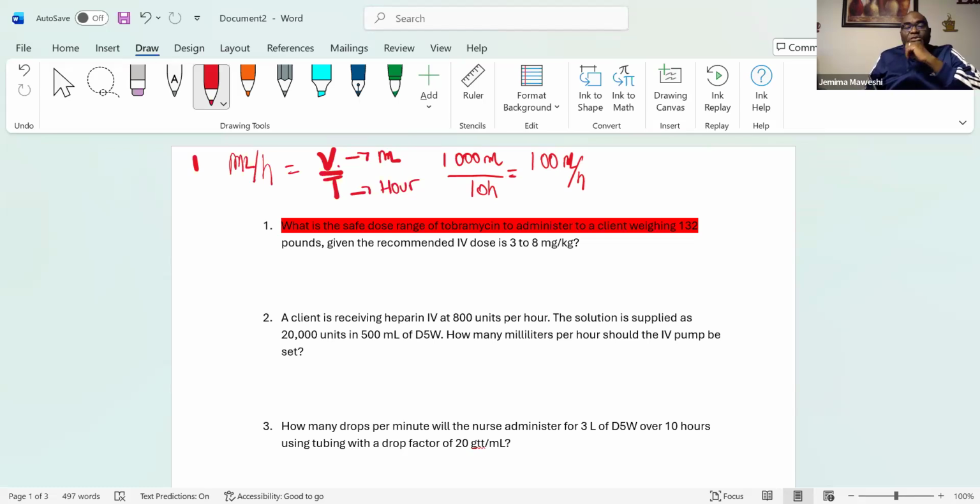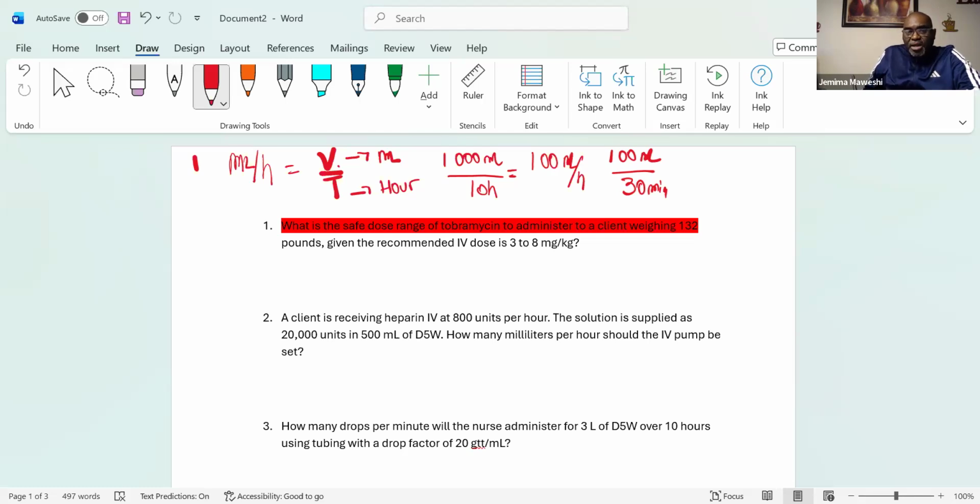Now, if the volume is not in milliliter, it's your responsibility to convert that to milliliter. If your time is not in hours but in minutes, this is what I want you to do. Example: infuse 100 milliliter over 30 minutes. If the time is not in hours, it's in minutes, just divide the volume by that time.